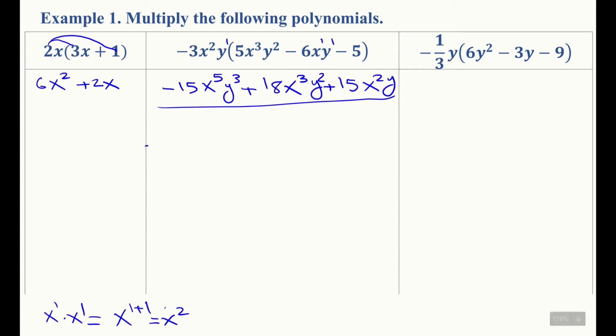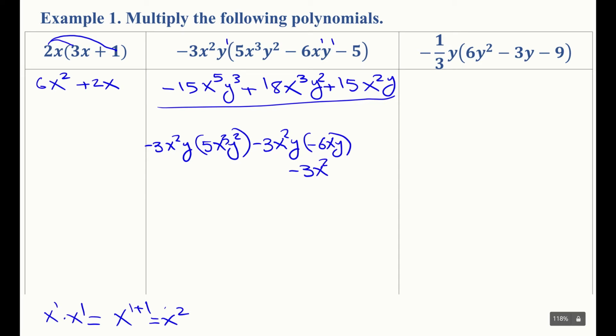So you have negative 3x squared y times the first term, and then minus 3x squared y times the second term, and finally minus 3x squared y times the last term, which is negative 5.